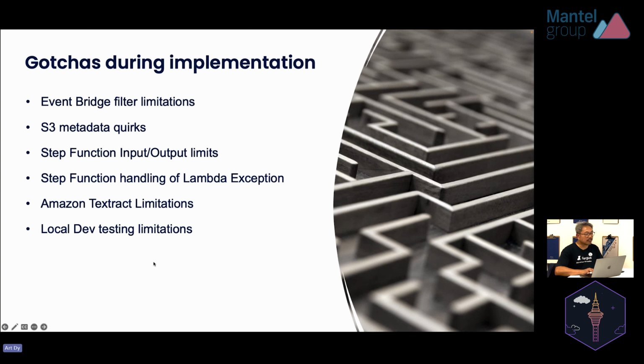And then local dev testing limitations. It's hard to do end-to-end testing locally for the step function. You can do mocks easily, but end-to-end testing is a bit hard. We tried using LocalStack, but LocalStack doesn't have all the Amazon Textract services, so you have to implement them as a function as well.